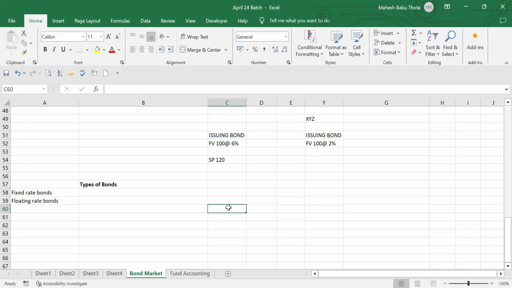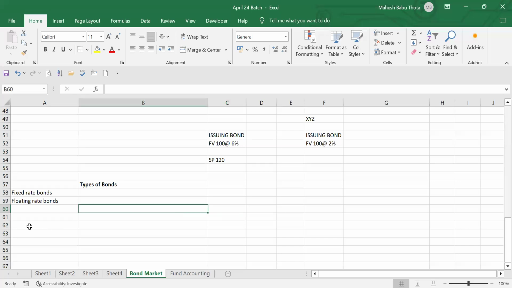So basically, floating rate bond means there will be fluctuations in the interest rates. As per the current market reference rates, the interest rate of our bond will change if you are holding a floating rate bond. Understood?